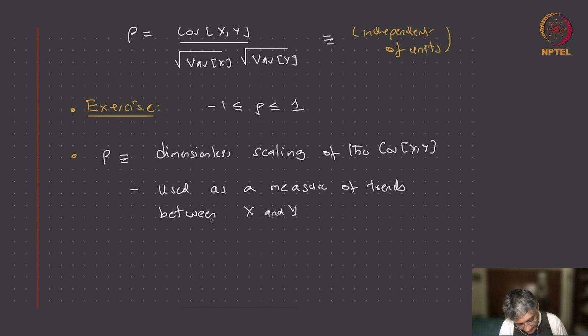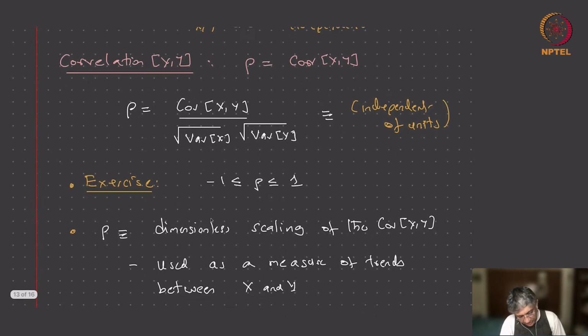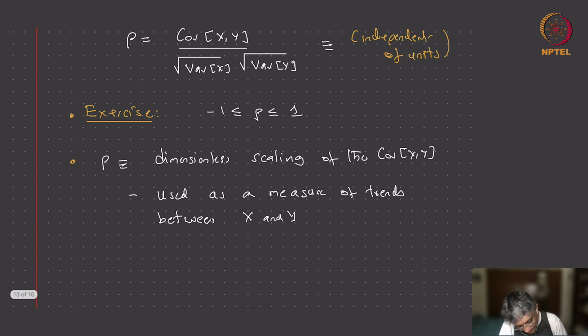One must just be careful: correlation is just one indicator. There's something called causality. Does correlation imply causality? That's a very interesting statistical subject which I will not go into in this class.